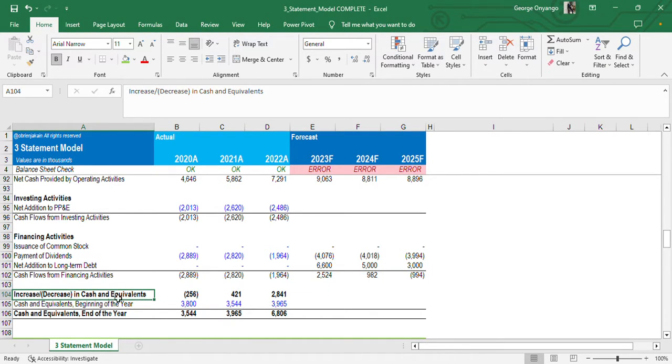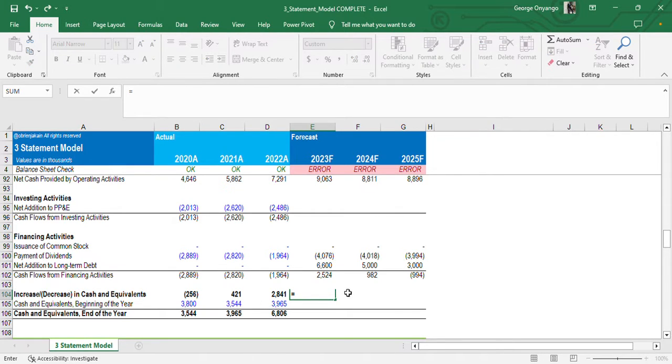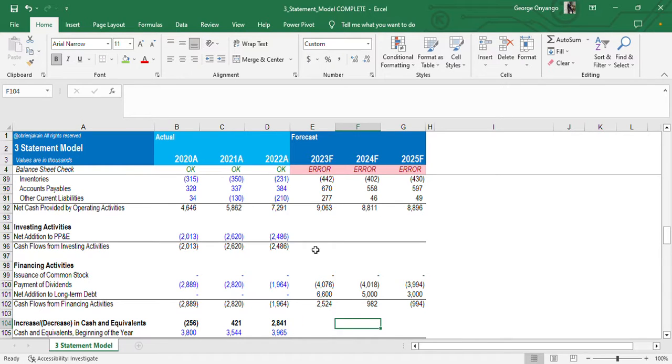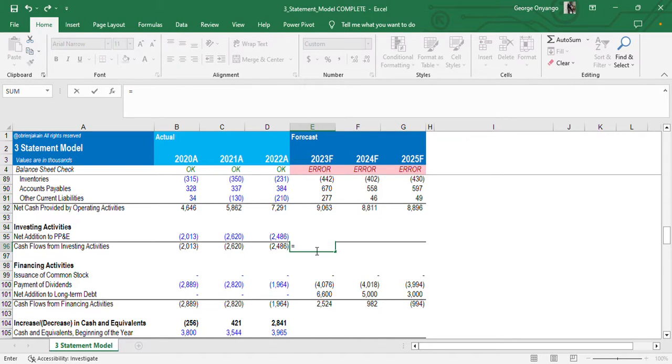Then now we are going to get the decrease or increase in cash and equivalents. First of all, what we are going to do is get the cash flow from investing activity, which is basically equal to E95. So we just fill that right.